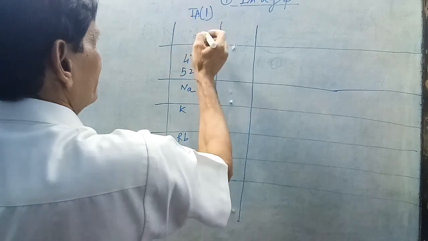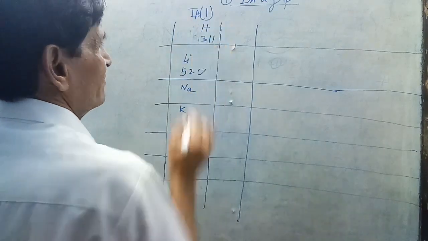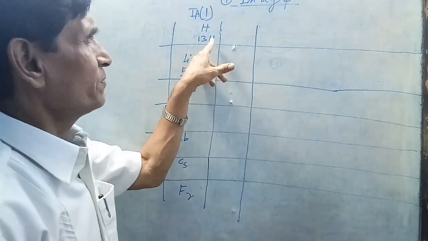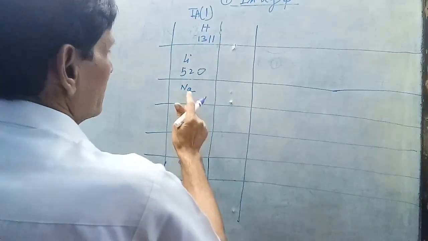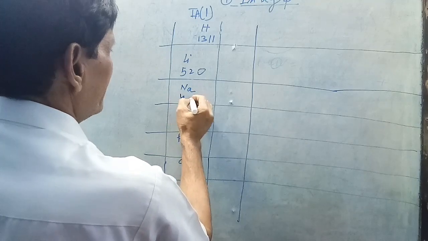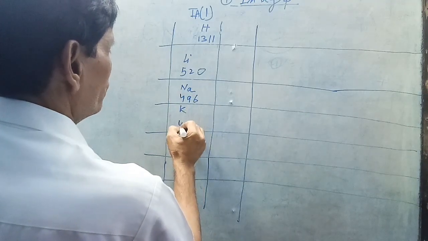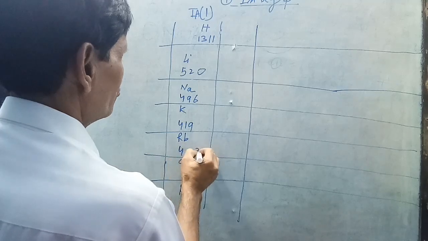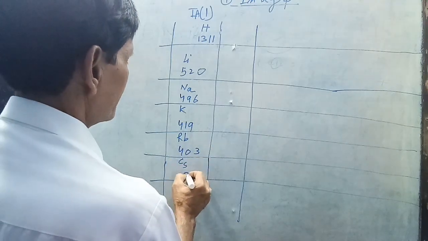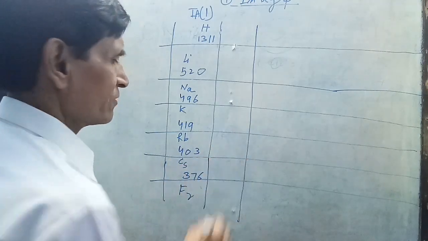Then 520, 496, 419, 403, and 376 kilojoule per mole.